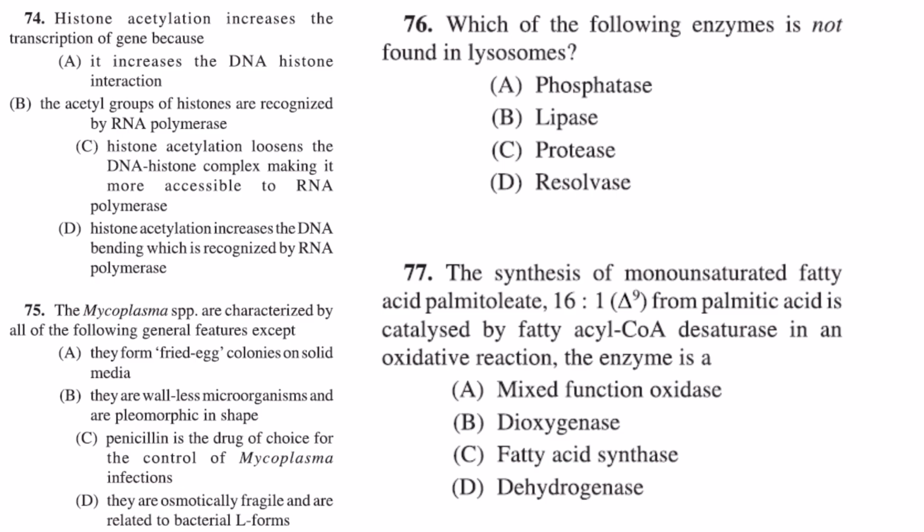So histone acetylation is a post-translational modification, and it involves the addition of acetyl group to the lysine of histone proteins. So upon addition of this acetyl group to the lysine residue of histone protein, it reduces the positive charge on the histone protein, and it will loosen the interaction of histone proteins with DNA.